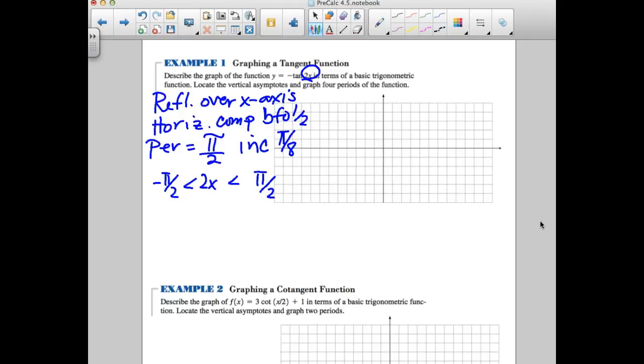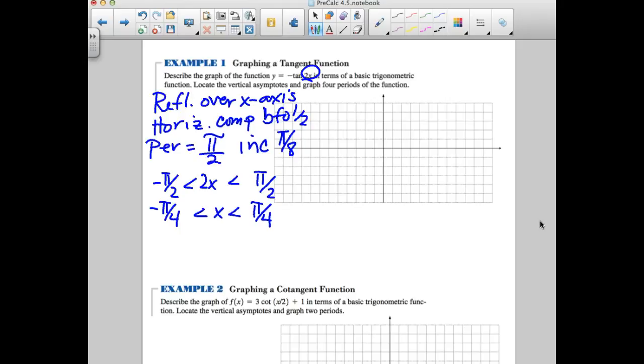Now we're going between negative pi over 4 up to positive pi over 4. Is that still a span of pi over 2, which we said the period should be? Yes? A fourth plus a fourth on either side would be a half. We haven't done any kind of vertical shifting, any horizontal phase shift, or any vertical stretching. We've just reflected it and scrunched it horizontally.